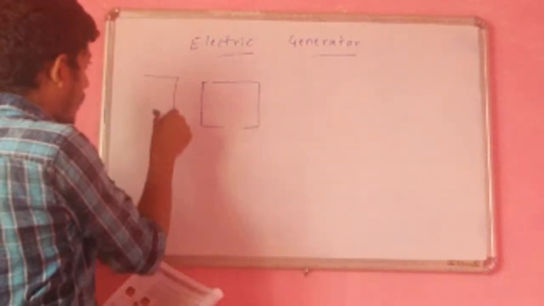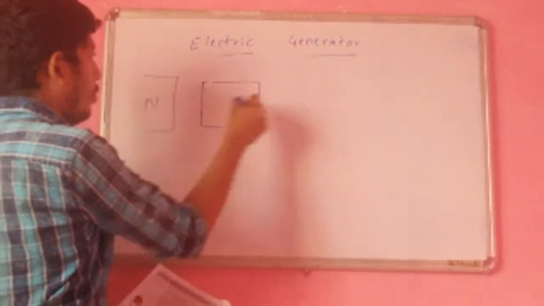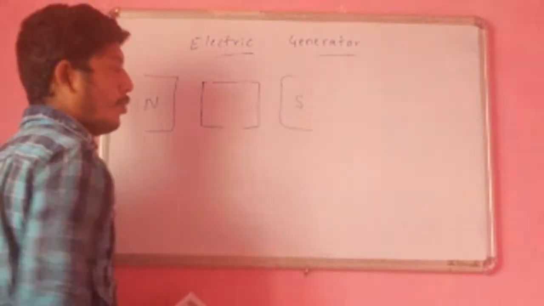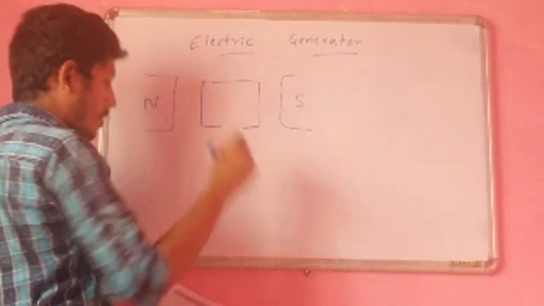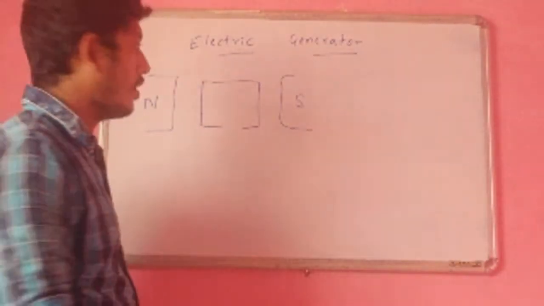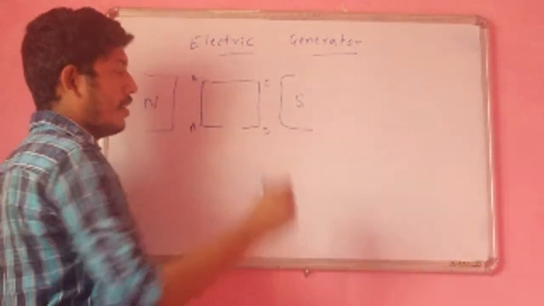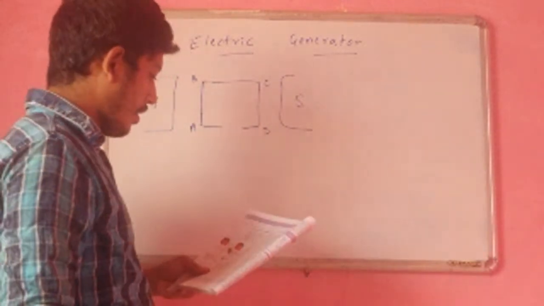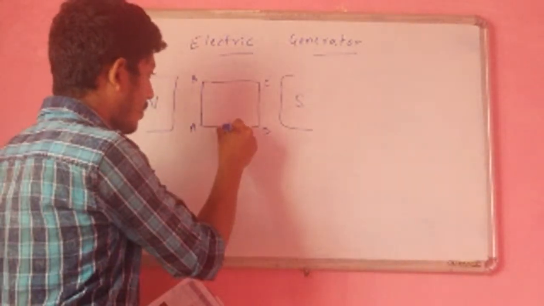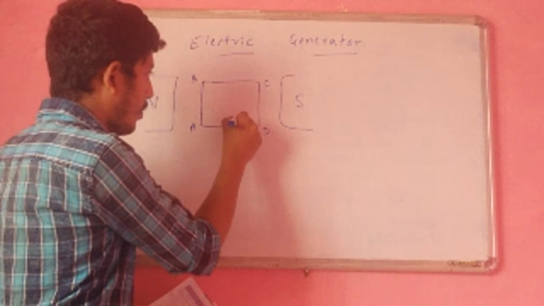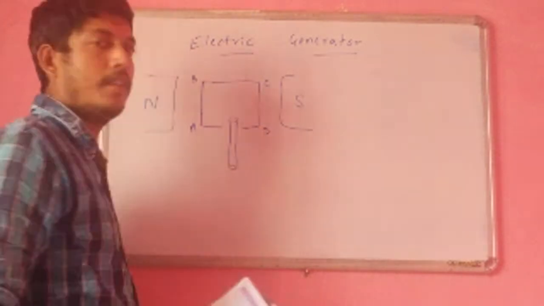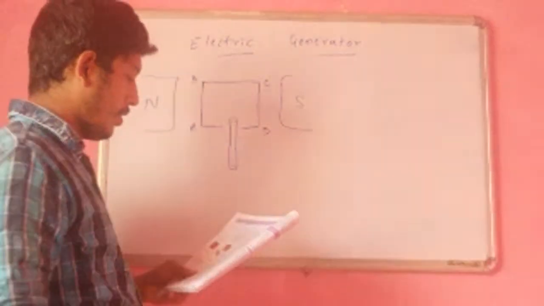Then two powerful magnets, one is north pole, another one is south pole. This is armature, and the namings are A, B, C, D. Then an axle is present, so it is for support. Then rings.